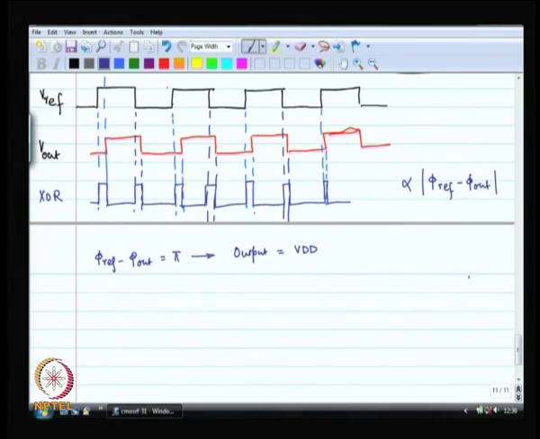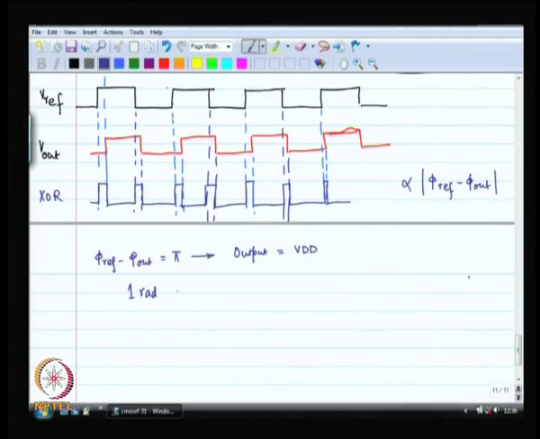Okay. So, that kind of tells you that on the average, if Vref minus Vout is 1 radian, then the output is going to be VDD by pi. So, pi radians gives VDD, 1 radian will give VDD by pi.